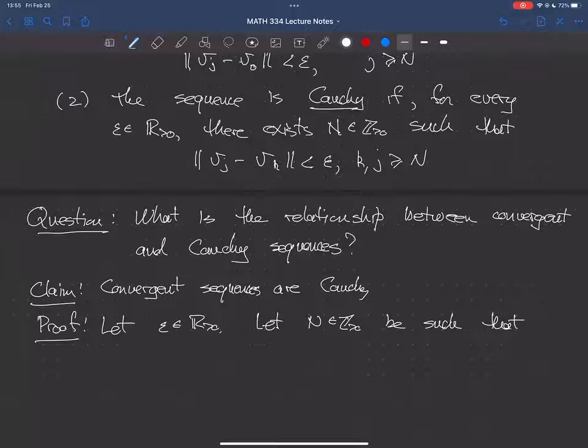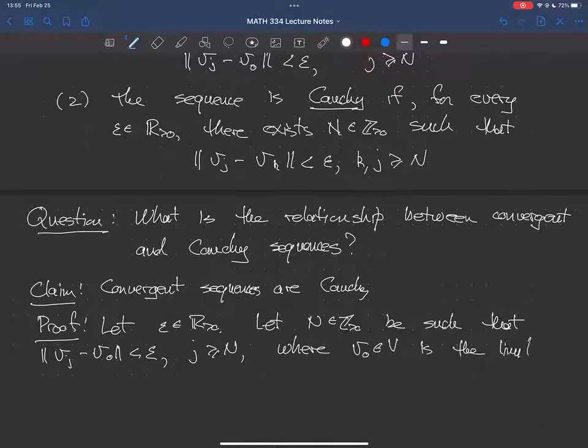So I know that my sequence Vj converges, and it's going to converge to V naught.